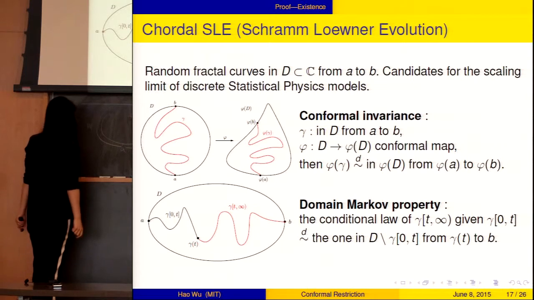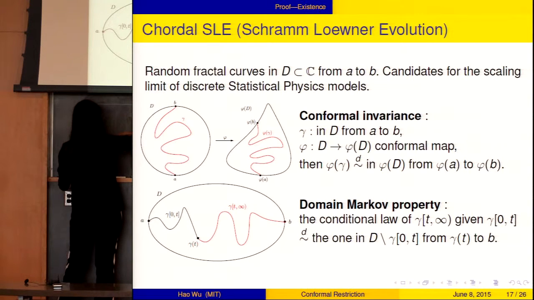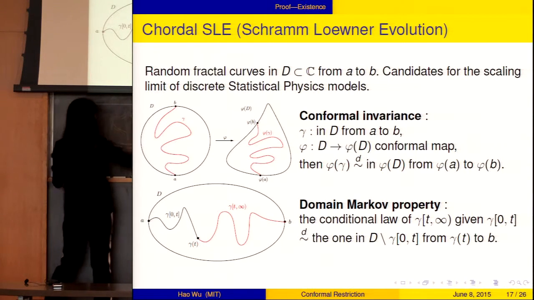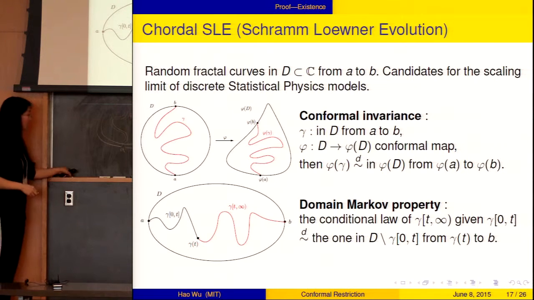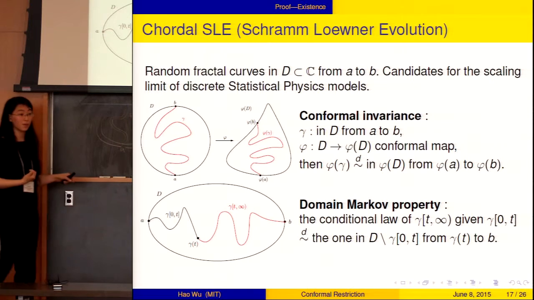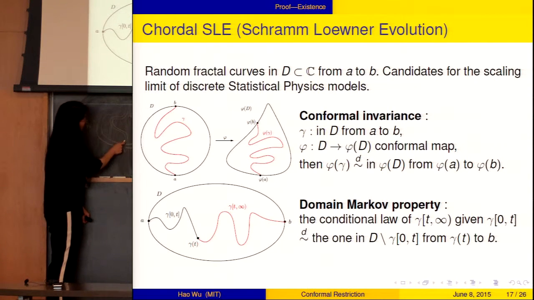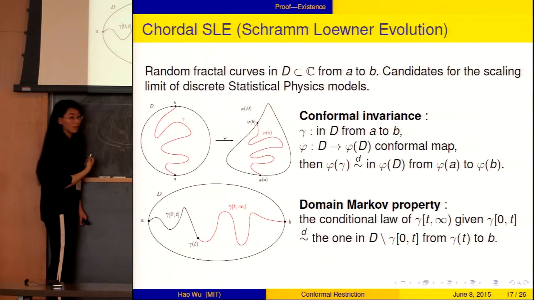For this model, we know that there exists a unique interface starting from A and ending at B, such that it separates black and white vertices. This is called the interface for critical percolation. If we follow this interface, stop at some point, then the future part of this curve again has the same law as an interface for critical percolation in the remaining region.